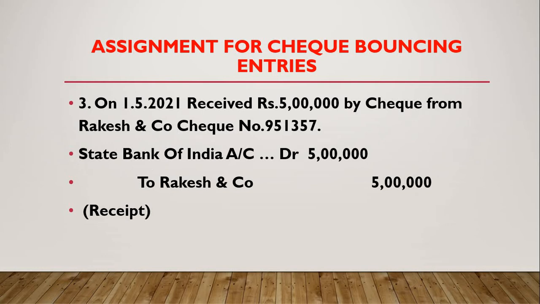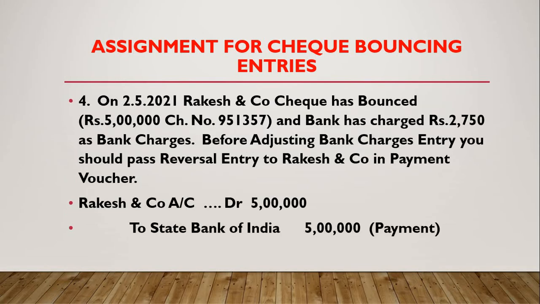Next, on 1st May 2021, received rupees 5 lakh by check from Rakesh and Company, check number 951357. State Bank of India, Rakesh and Company, both are created. Move to next transaction. On 2nd May 2021, Rakesh and Company's check bounced and the bank has charged rupees 2750 as bank charges.